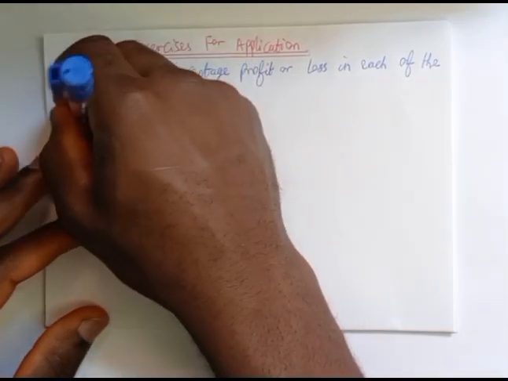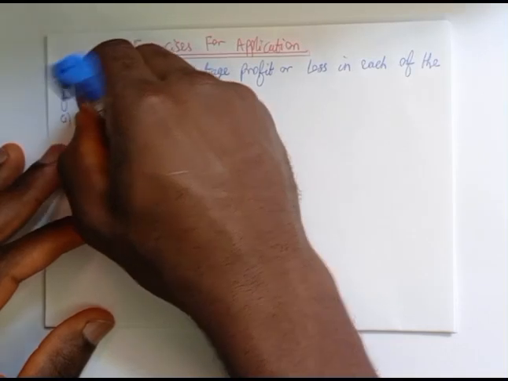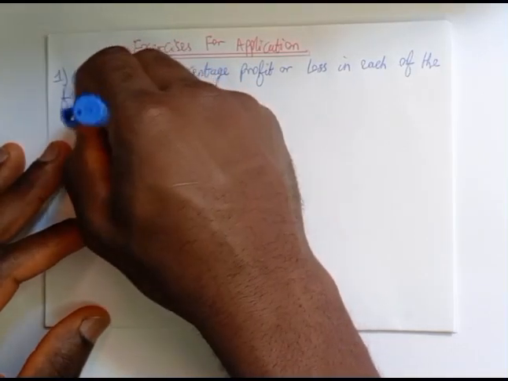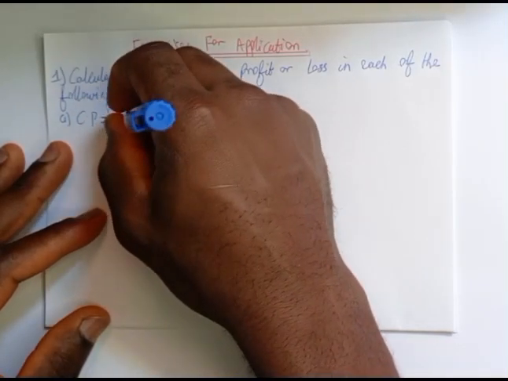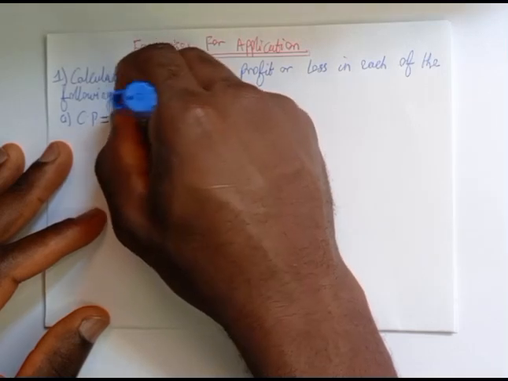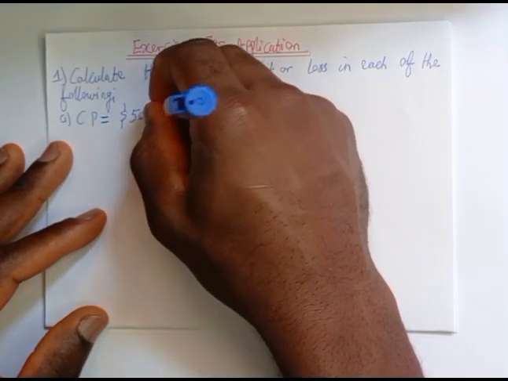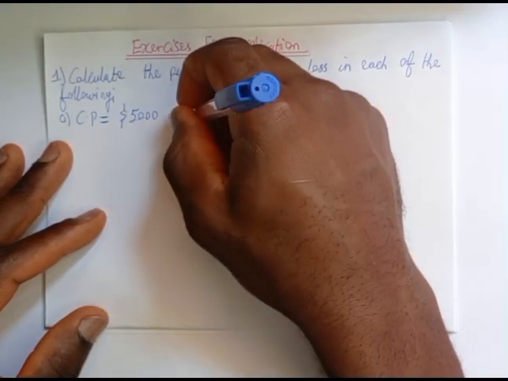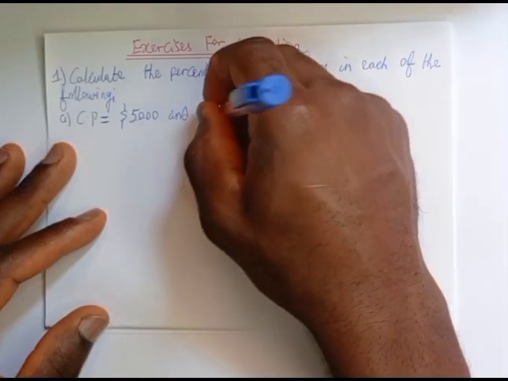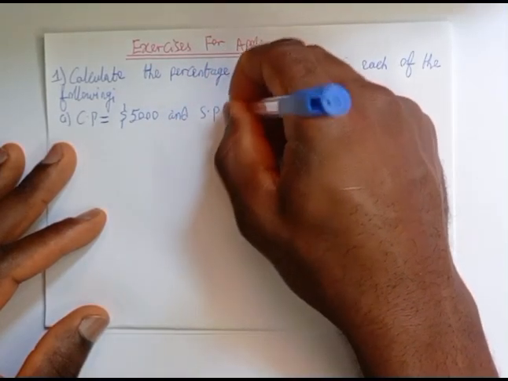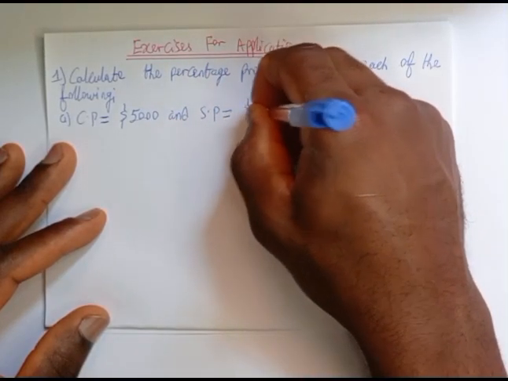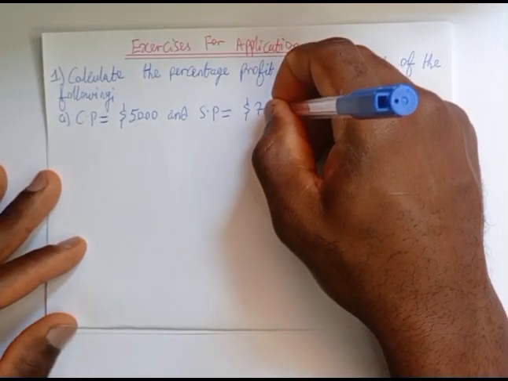For A, we have a cost price of $5,000 and a selling price of $7,500.